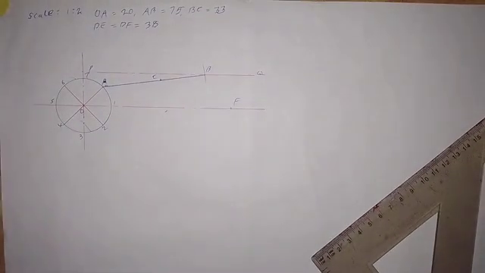So the next thing that we are going to do here is that we need to locate point D, and then we have DF. DF, as we are given originally, is 75 millimeters, and half of 75 will give us 37.5. So I make that 38 millimeters. That's what I'm using for that.